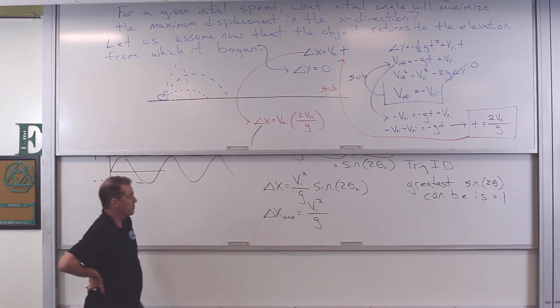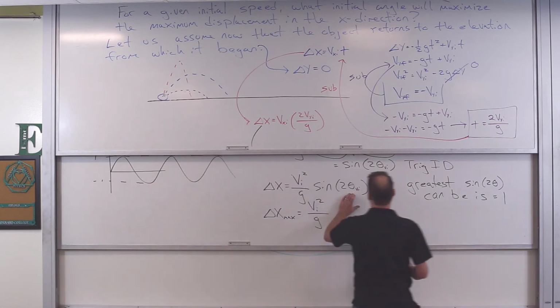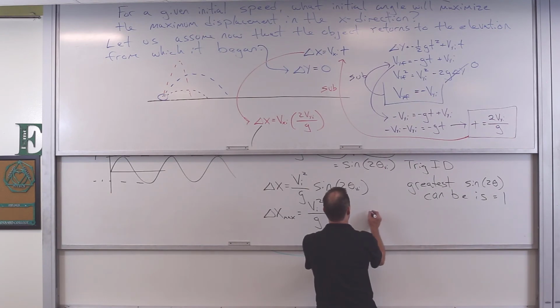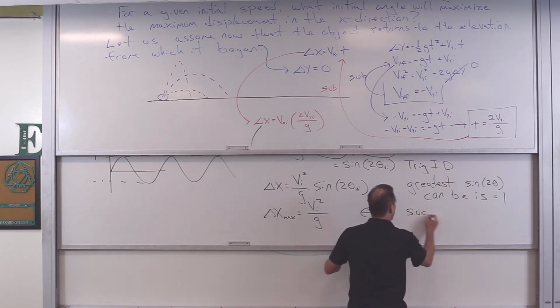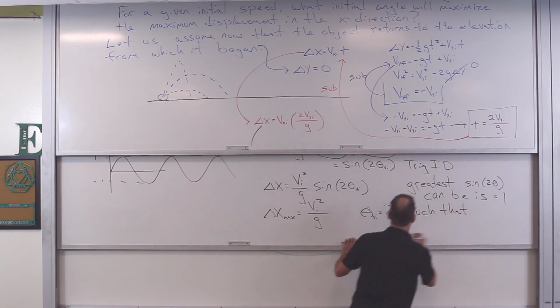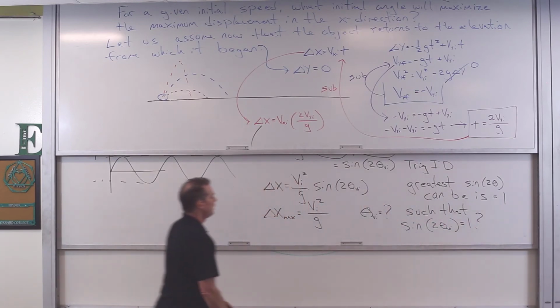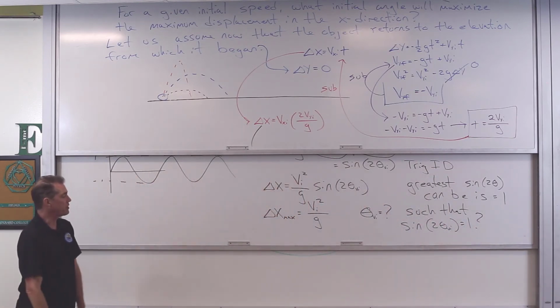So the question becomes, what angle will make that be equal to 1? Theta V initial equals what, such that sine of 2 theta V initial is equal to 1. There's the question. We answer that, and we've got ourselves.